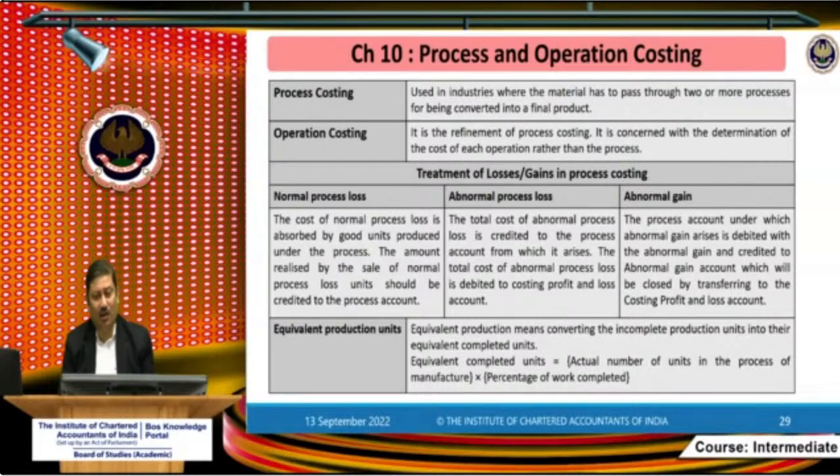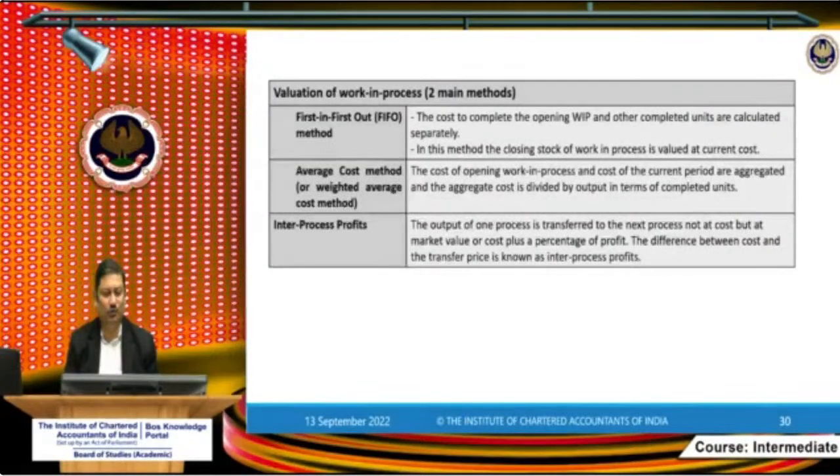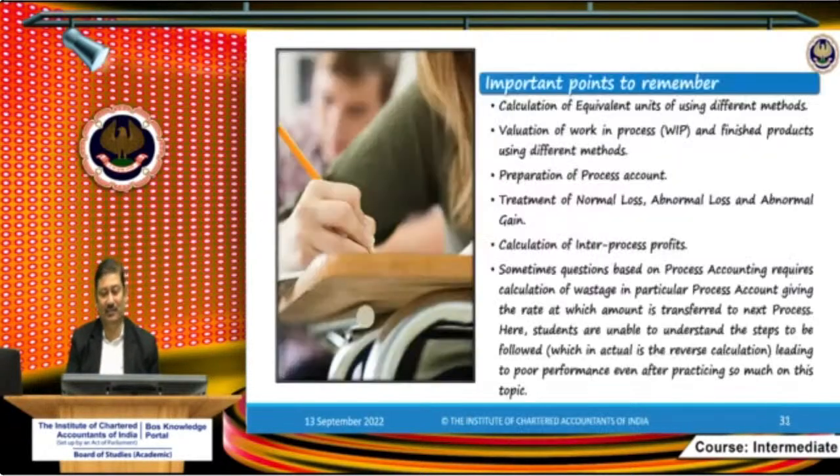Now, process and operating costing, as I told you, you need to understand normal process loss, abnormal process loss, and abnormal gain. Then please go through the equivalent production unit calculation. It is very clearly mentioned in the study material, and there are two kinds of valuation you should go through. One is valuation of WIP, that is in FIFO as well as in average, and then there is inter-process. There are a few things you need to keep in mind in case of process costing.